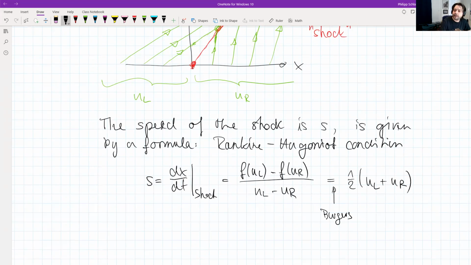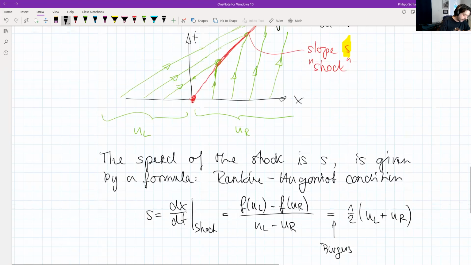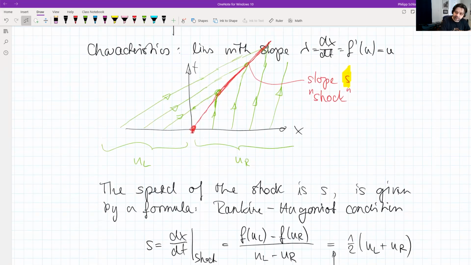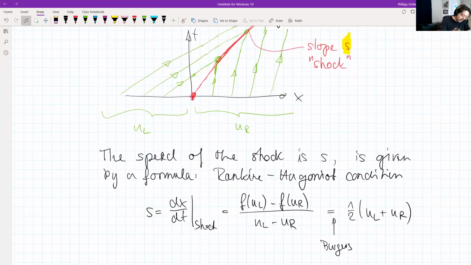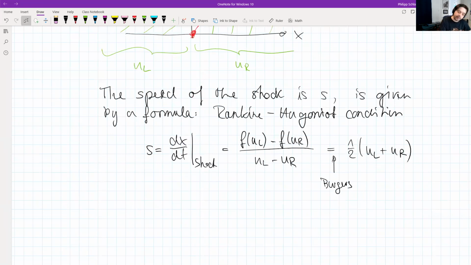So that means in case of Burgers, the slope of the shock will be exactly in the middle between the slope of the right side and the slope of the left side. So something kind of that I try to indicate here. This result is only for Burgers.